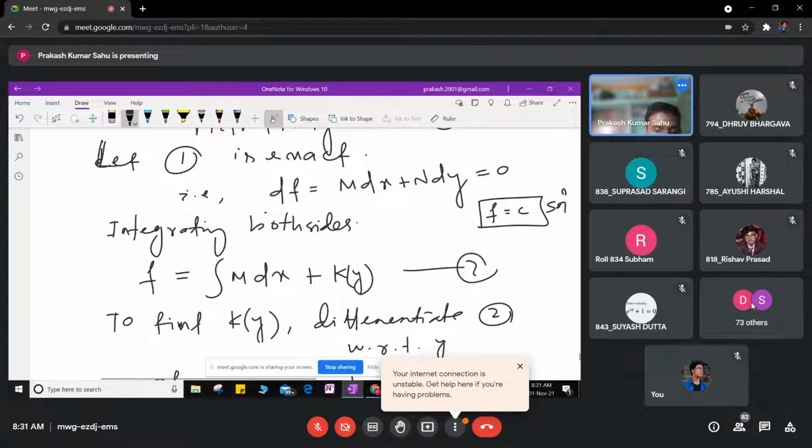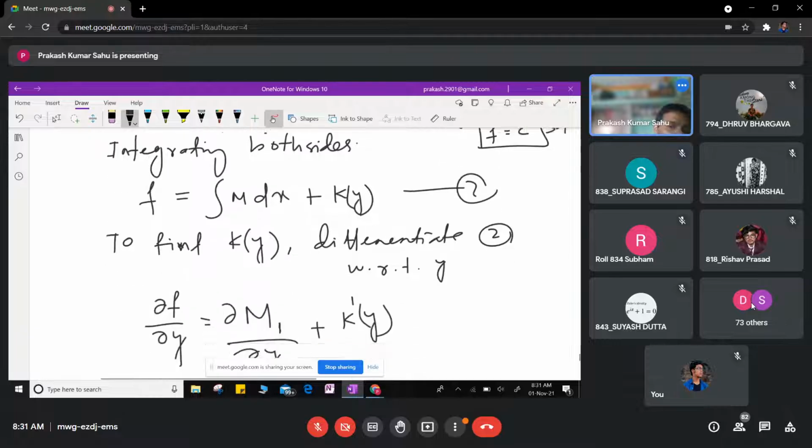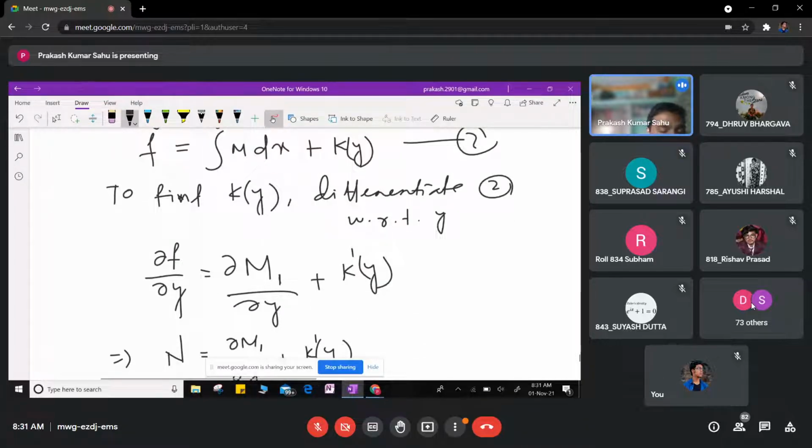Now how to find K(y)? To find K(y), we have to differentiate both sides with respect to y. If you differentiate both sides with respect to y, you get del f by del y is equal to del M1 by del y, where M1 is equal to the integration of M dx, plus K dash y.